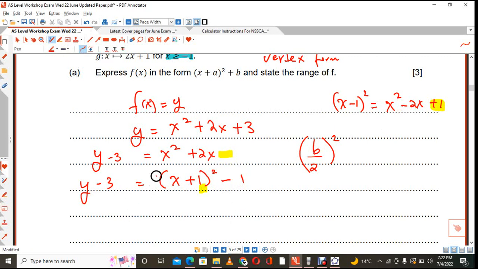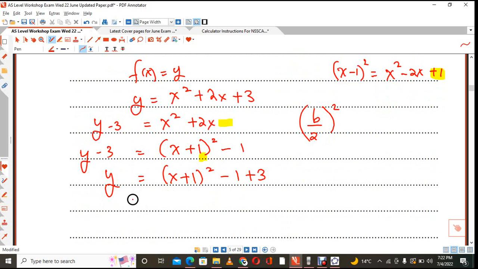Since the coefficient here is just 1, there's nothing much that's going to happen. So I'm going to bring my constant term back. This is going to be x plus 1 all squared minus 1 plus 3. At the end of the day, this leaves you with x plus 1 all squared plus 2. And this is 2 marks for doing that.